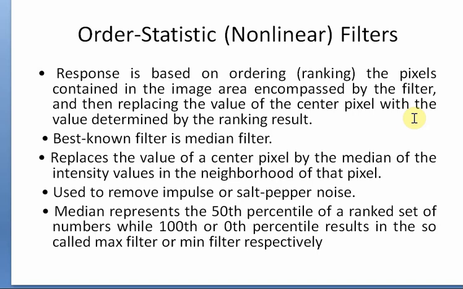Understood? If I take the 3x3 mask, consider the coefficients f of x comma y along with the neighbor pixel intensity values. Arrange them in either ascending or descending order, and then consider only the middle value, and that is placed in f of x comma y.